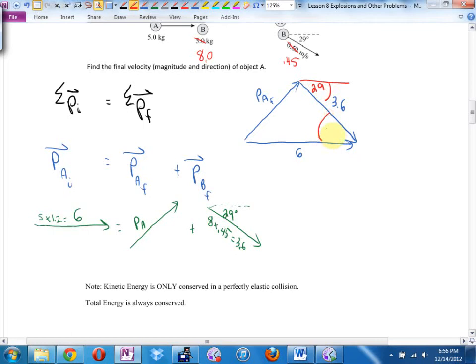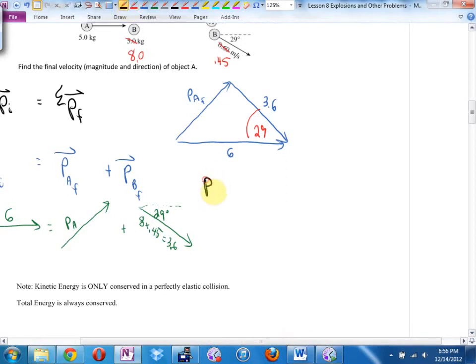That means that this angle right here is 29 degrees, because of alternate interior angles, if you want the official fancy math rule. And yes, this is a job for the cosine law.